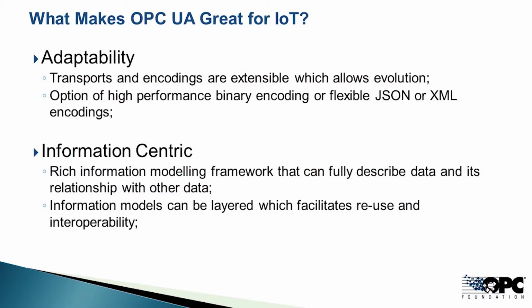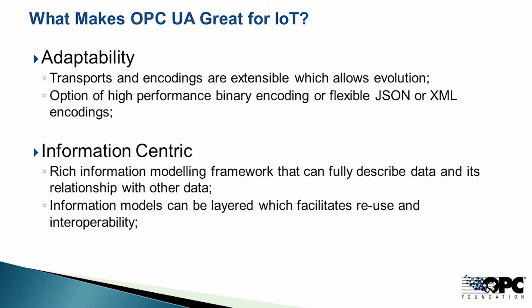Adaptability. One of the things that we did with UA is make sure we have a very clear layered architecture. So at the top level, applications are built against an API. And it doesn't even talk about the transport. There's no details of the transport leaking into that API at all.